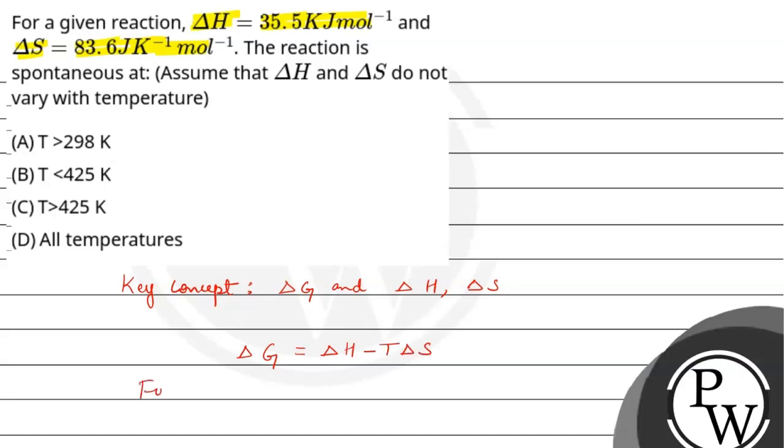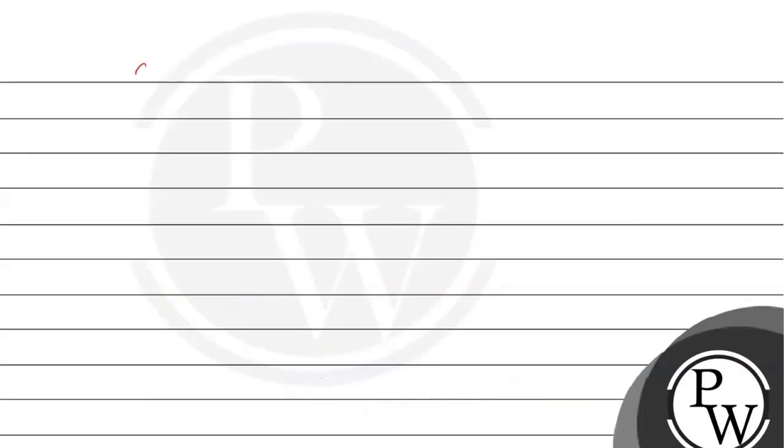For a reaction to be spontaneous, delta G का वैल्यू हमेशा less than 0 होना चाहिए. So this is the condition. So first we'll write all the given data in the question.